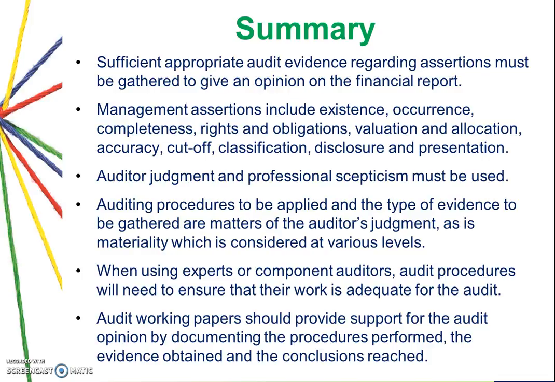We know that the auditor needs to obtain sufficient appropriate audit evidence regarding the different financial assertions, which include existence, occurrence, completeness, rights and obligations, valuation and allocation, accuracy, cut-off, classification, disclosure and presentation, along with professional judgment, professional skepticism, different audit procedures, and different audit tests.